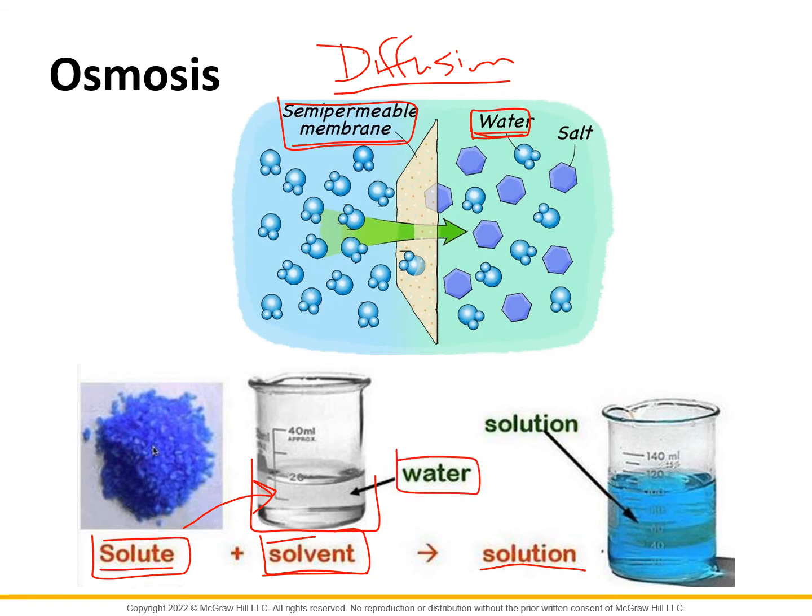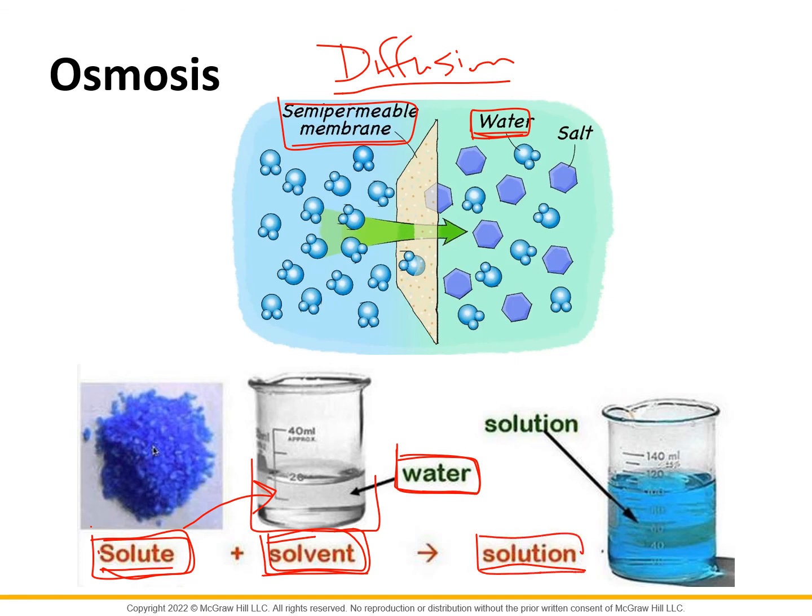If you go into chemistry, it can be other substances like alcohol. But in biology, it's always going to be water. So water is the solvent, and then the solute is anything you have dissolved in the water. So it could be sugars, salts, proteins, gases, anything. Together, that equals the solution.